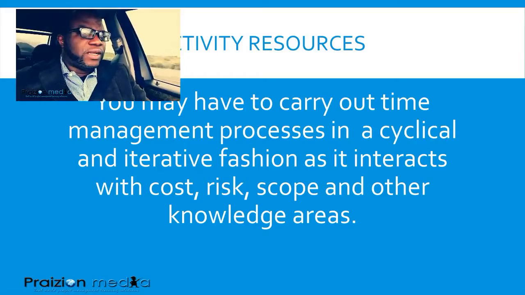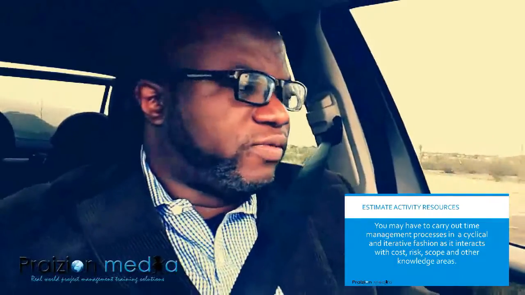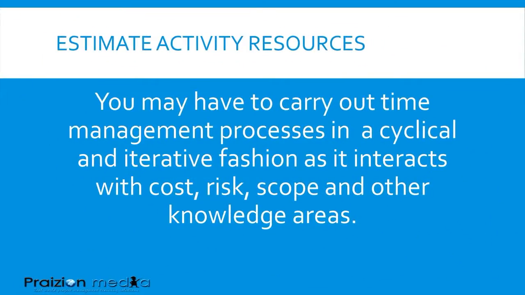All of these need to be considered, and for that reason, you cannot just estimate activity resources once on every project without there being some sort of cyclical way of doing it, going round and round till you get to the point of satisfaction in terms of cost, in terms of schedule, in terms of requirements.